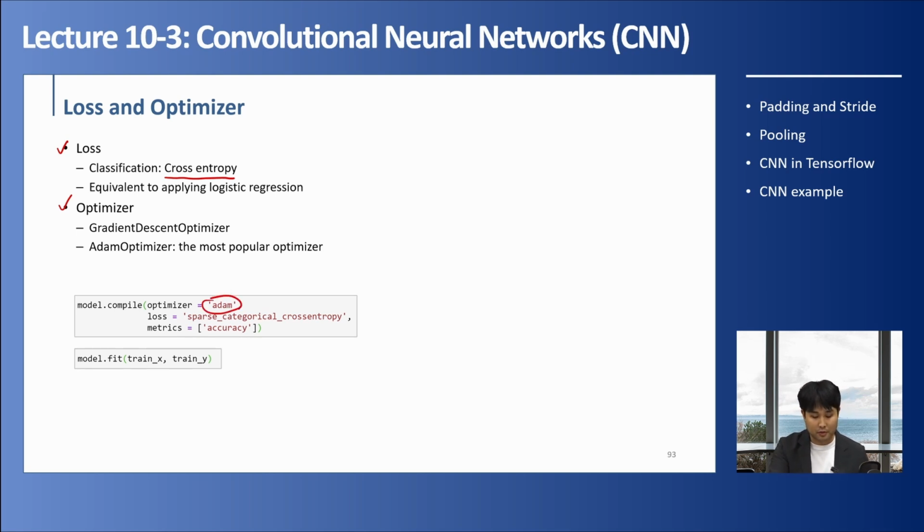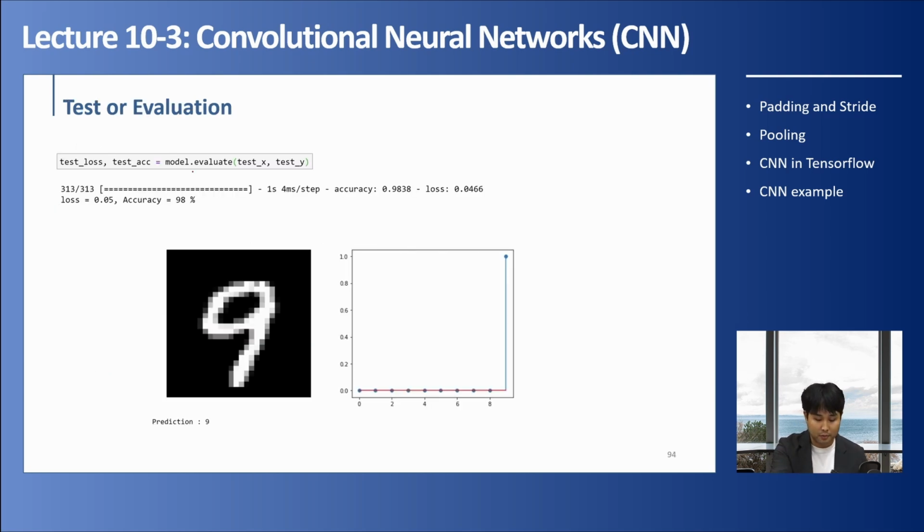And finally, for the metrics, we can use accuracy to assess the performance of our model. Then we can use model.fit to actually train our model, and once trained, we can evaluate the model using model.evaluate. This will tell us the accuracy or performance of the model depending on what our metric was. So here in this example, you can see that the accuracy is 98%, which is actually pretty high.